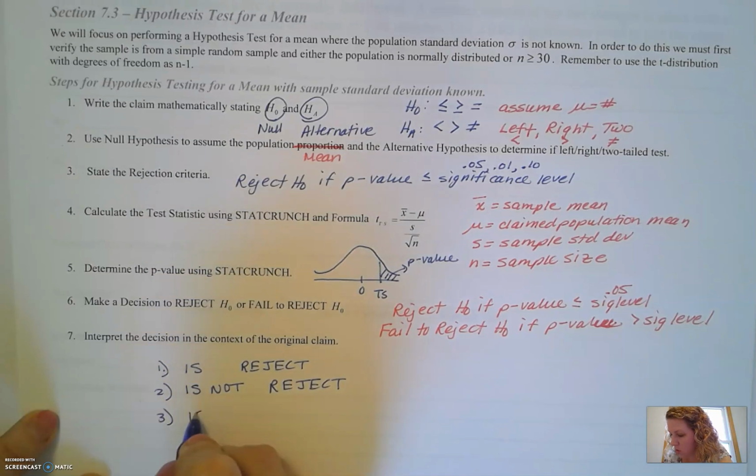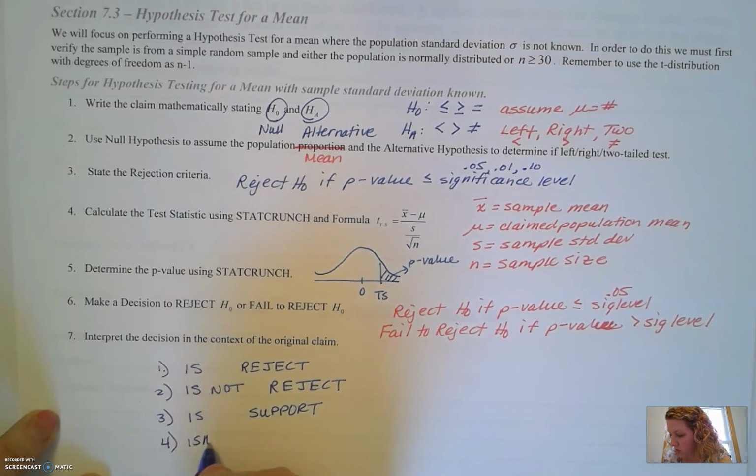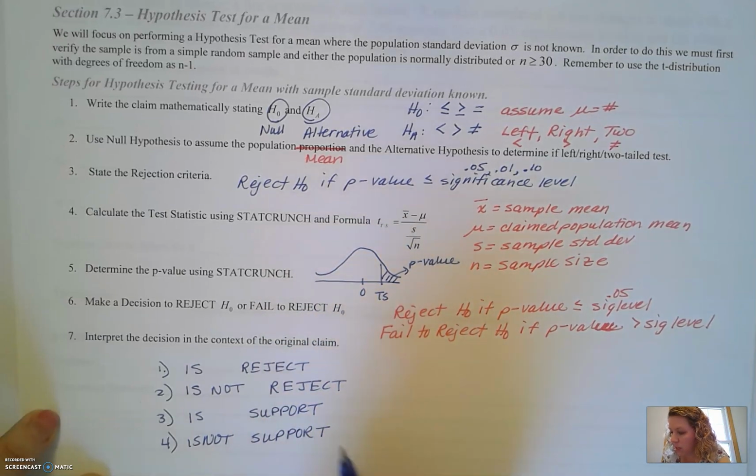There is sufficient evidence to support, or there is not sufficient evidence to support. And these are the cases.